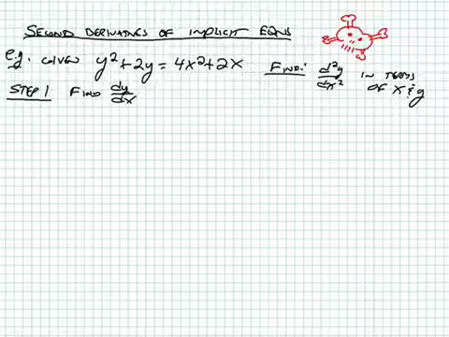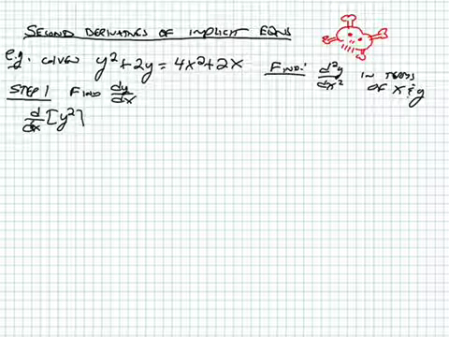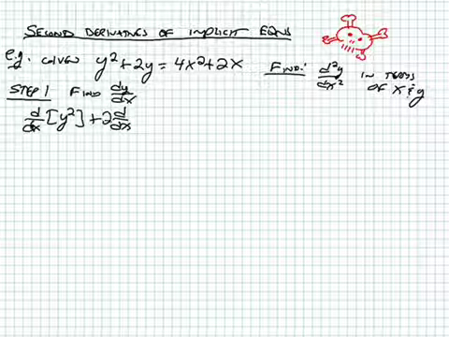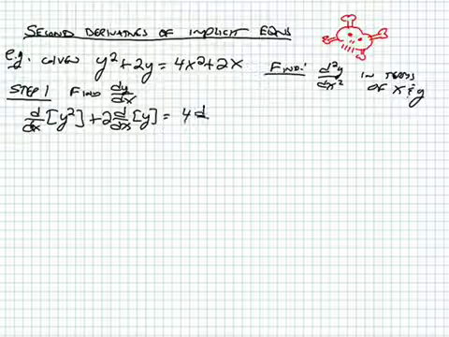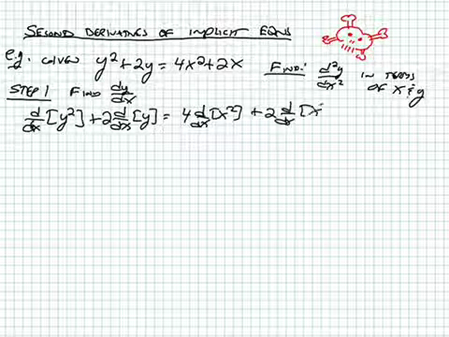So I'm going to take the derivative with respect to x of both sides. So I've got d dx of y squared plus d dx of 2y, so I'll bring the 2 out front, d dx of y. And that's equal to 4 d dx of x squared plus 2 times d dx of x.